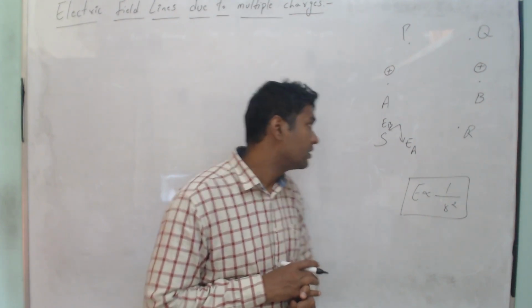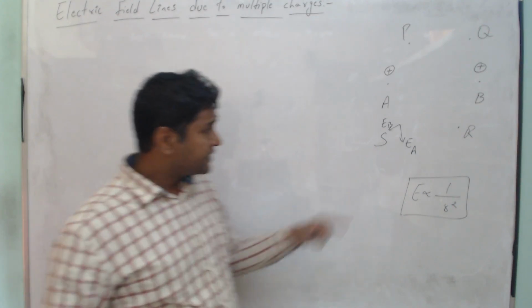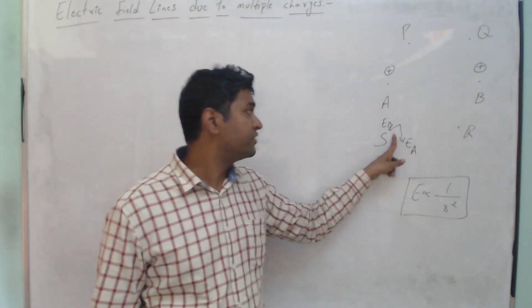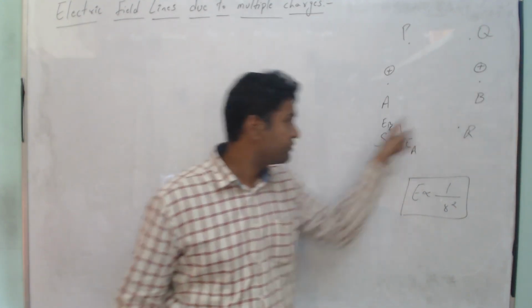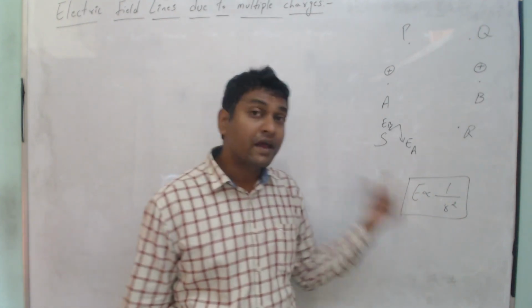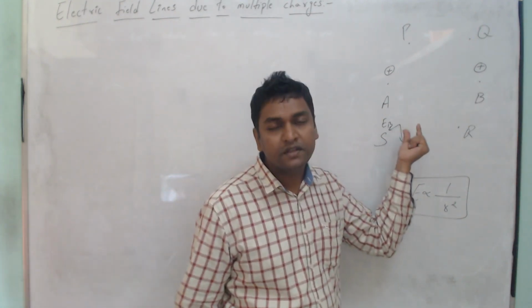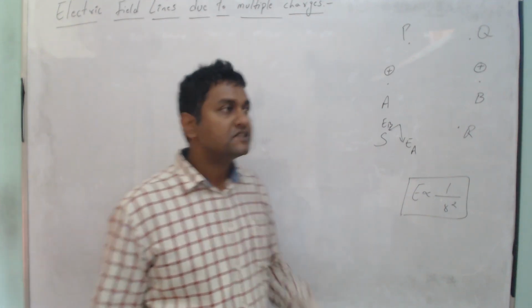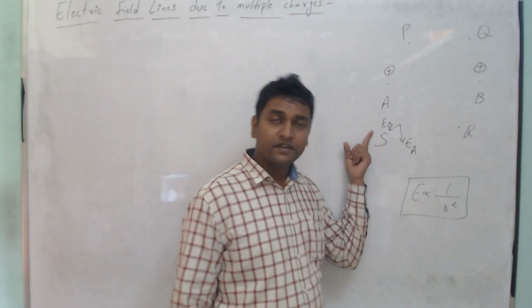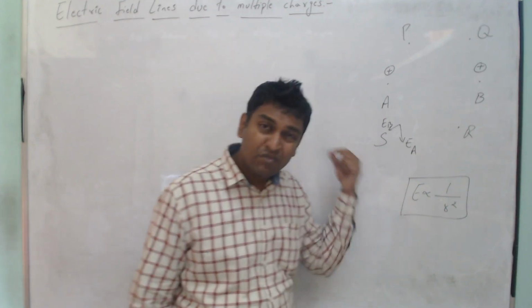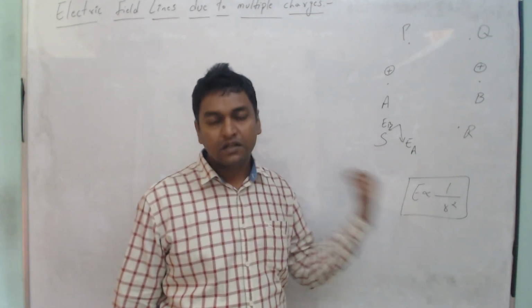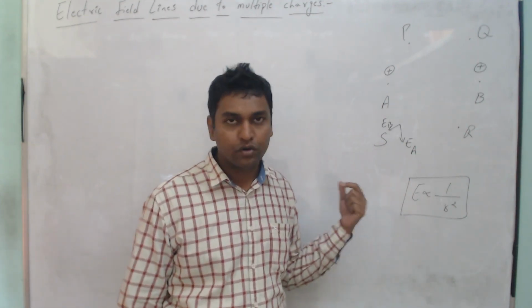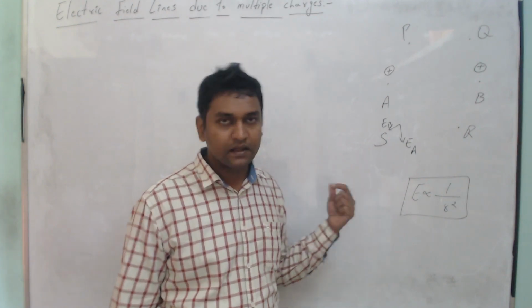Now, along the directions we have seen, electric field direction EB will be away from point B. But because the magnitude is less, I am drawing the arrow as a small arrow. The resultant of these two vectors will be inclined more towards the higher magnitude, correct?